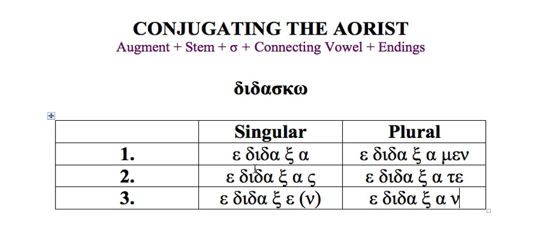Our result is edidaxa, edidaxas, edidaxin, edidaxamen, edidaxate, edidaxan. And that is your aorist active indicative.